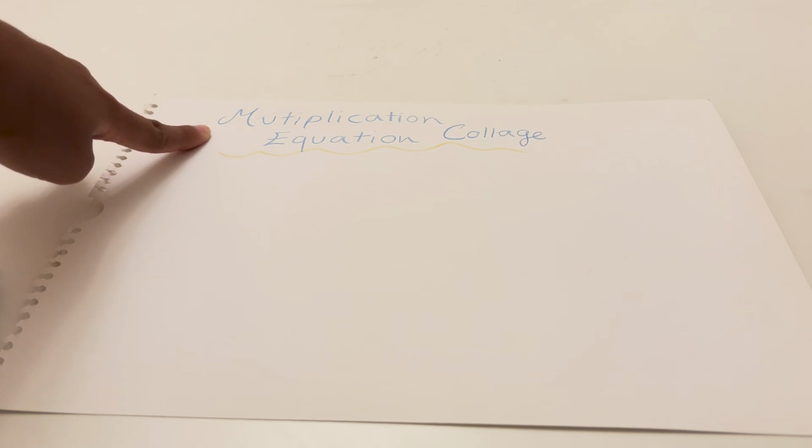Awesome! Now it's time for us to start our activity. Our activity is called Multiplication Equation Collage. In this activity, you will draw groups of objects like 5 stars or 5 apples on a paper, then color and cut them out. Next, we will arrange these objects on the poster board to look like a collage and write the number of objects in each group under them.